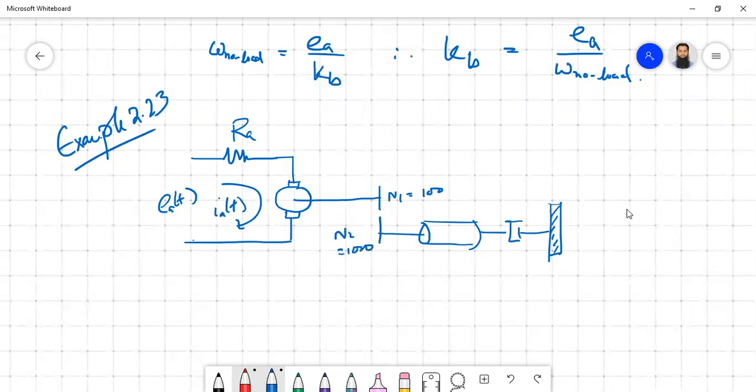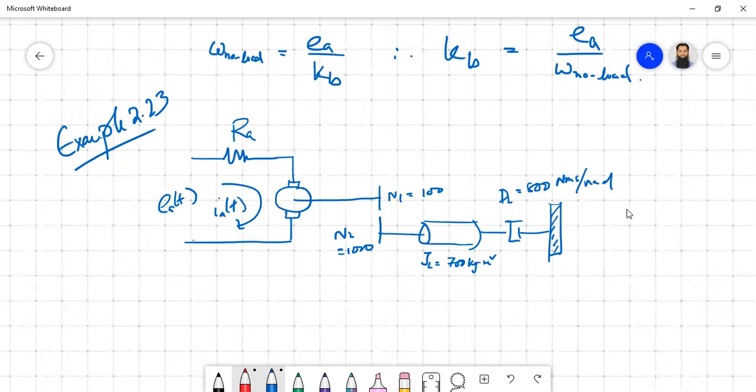Then JL is given as 700 kilogram meter square. And then DL is given as well, that is 800 Newton meter second per radian.